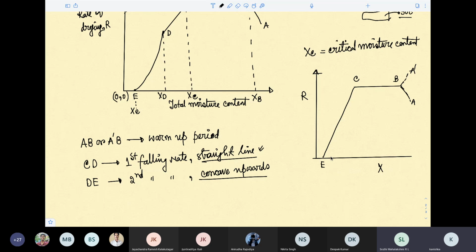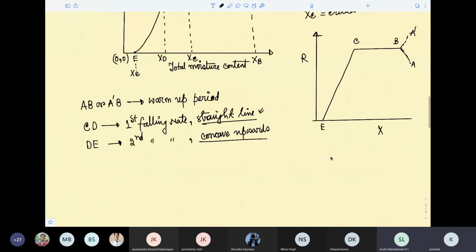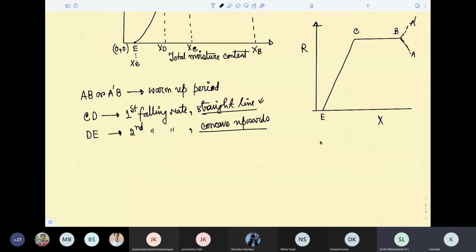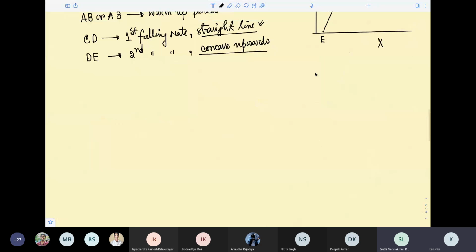It could be like that also, a complete straight line. Or it could be like this also.